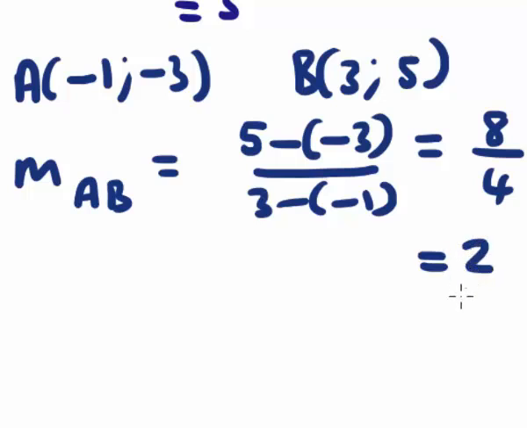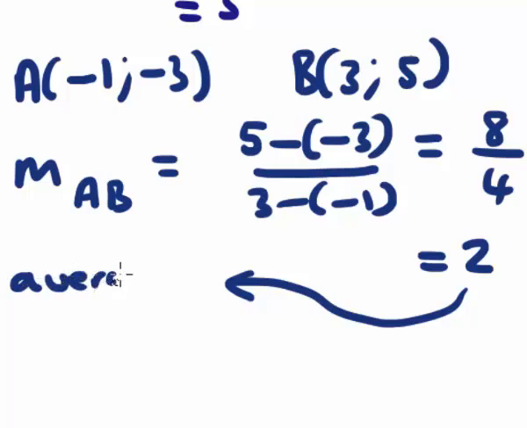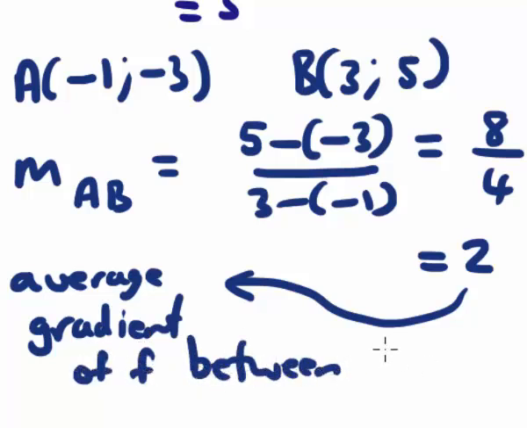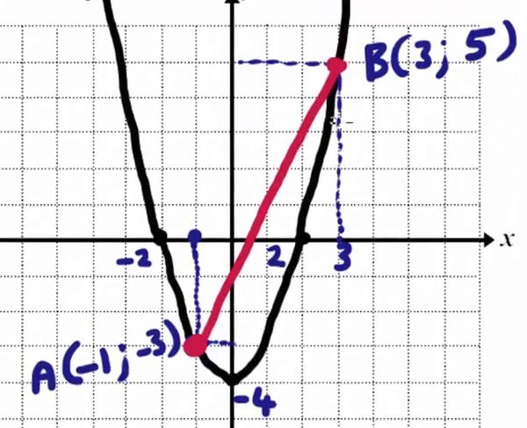Now this is not only the gradient of AB, but the average gradient of the parabola between those two x values, between x equal to -1 and x equal to 3. So it's the average gradient between the 2 points on the curve.